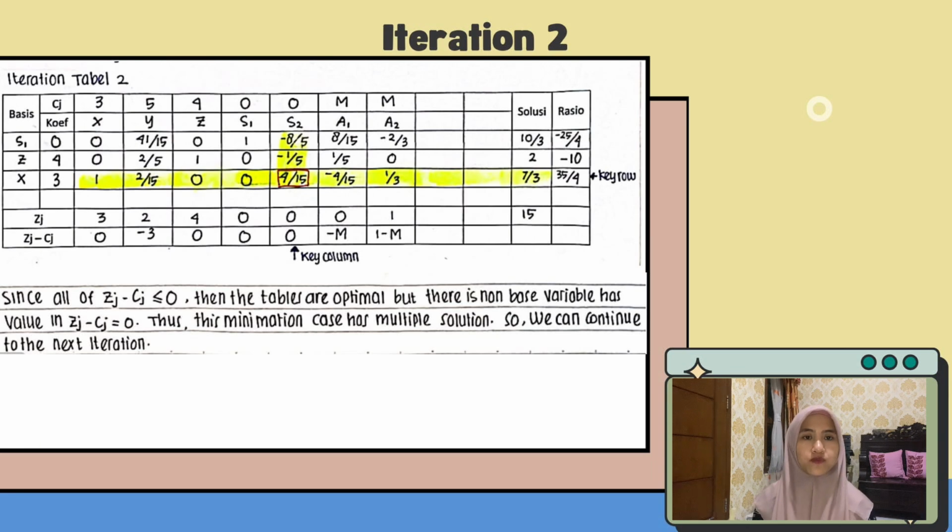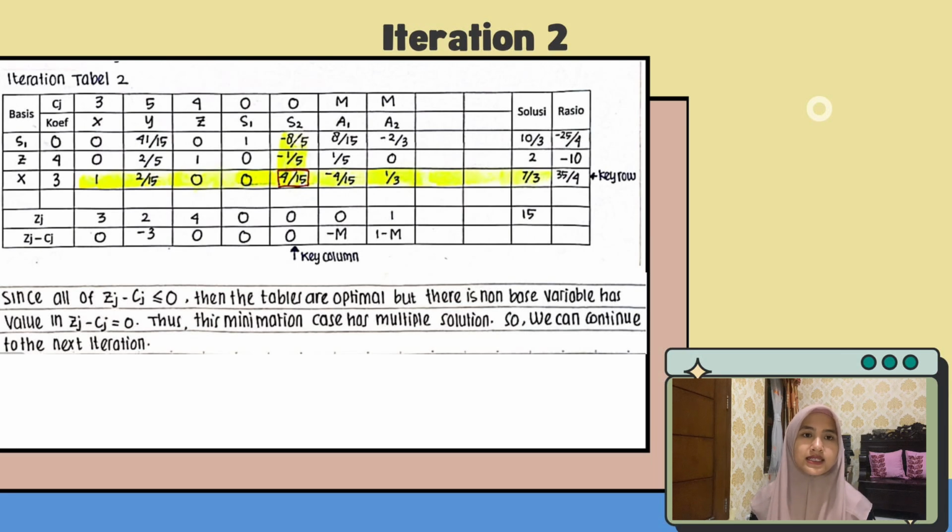Then the other rows are operated by using the formula old row minus K column multiplied by the new K row. After that, we can determine the K column, K row, and K cell in the same way as the initial iteration table, so that we get the K column which is 0, the K row which is 7/3, and the K cell which is 4/15.